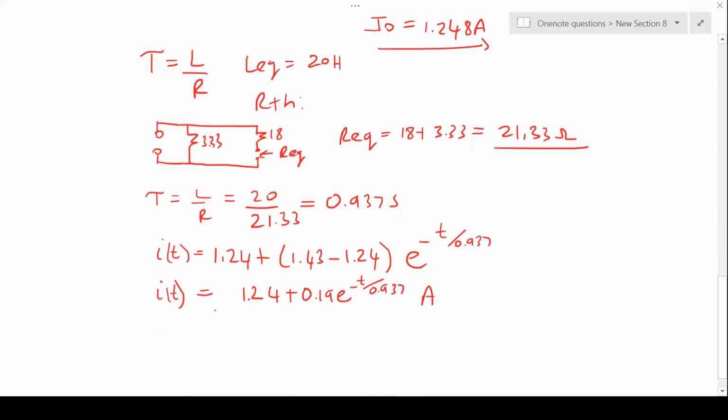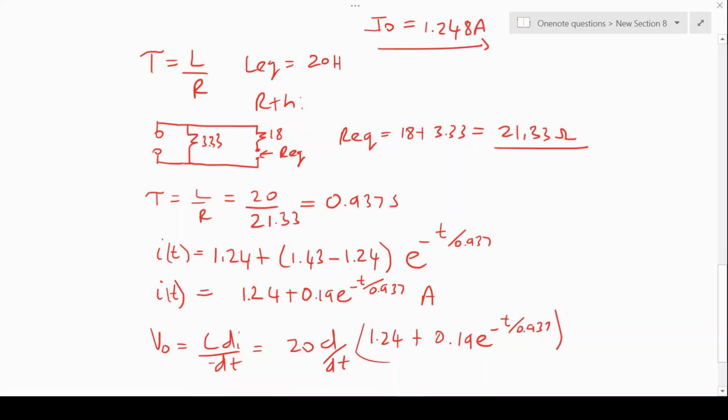And then to get the voltage, we said the voltage V0 must give you L di/dt. So that will be 20 times the derivative d/dt of 1.24 plus 0.19 e to the negative t over 0.937.